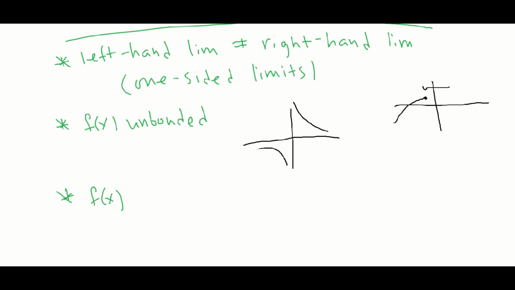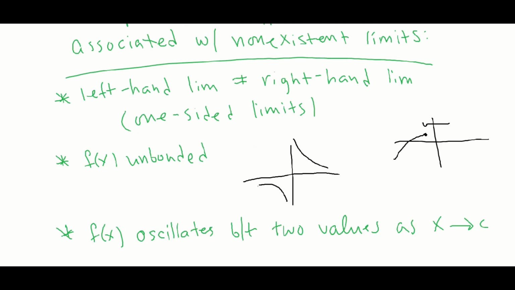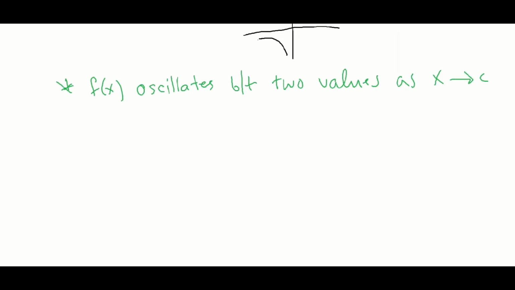And finally, the one we looked at in this lesson is when f of x oscillates between two fixed values as x approaches c. It fails to settle at any single value. There are other functions that have unusual limit behaviors, but these are the three described in the AP course and exam description.